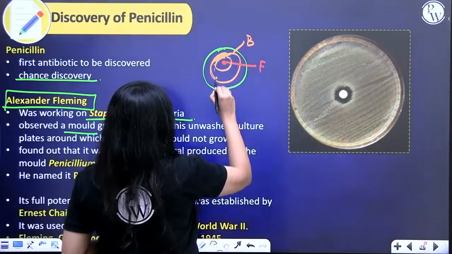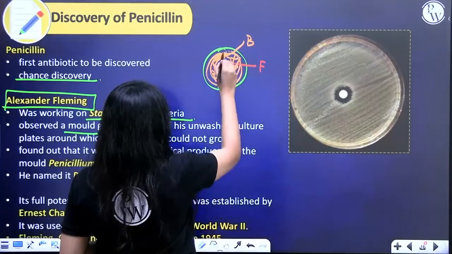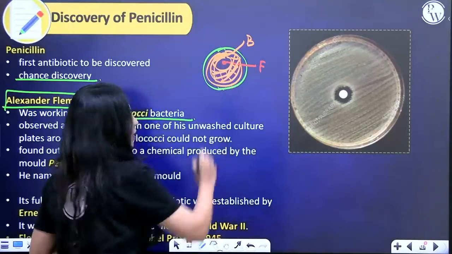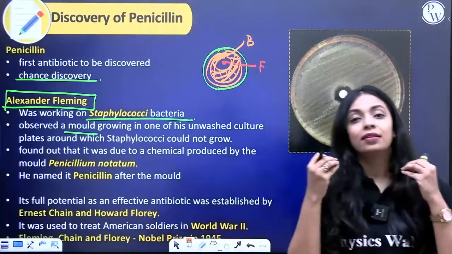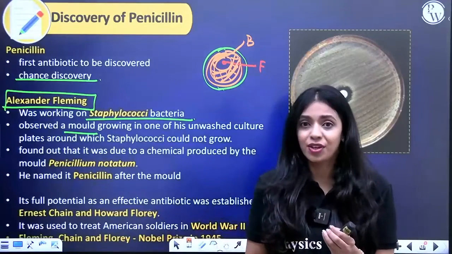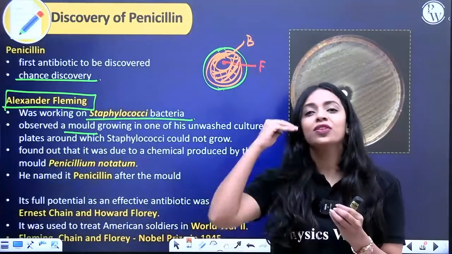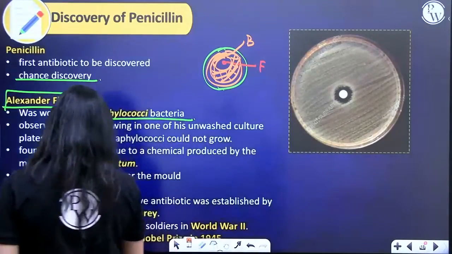It would grow everywhere else except for the region around it. What he concluded based on his observation is that the mold or the fungus is releasing some chemical that is retarding the growth of the bacteria. He identified that as penicillin.